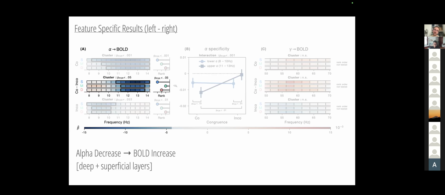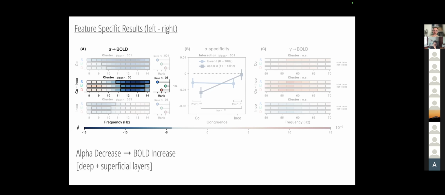However, if we contrast both congruent and incongruent selections, we see that the effect is now in superficial and deep layers. What does this mean? This means that for the congruent combinations of voxel preference and EEG-based regressors, we see that the decrease in the deeper layers is stronger in the congruent than in the incongruent. And if we then build up the contrast, we see it there.